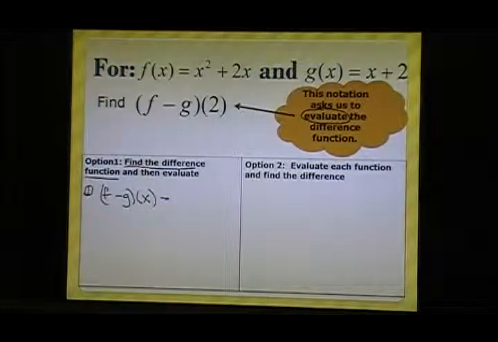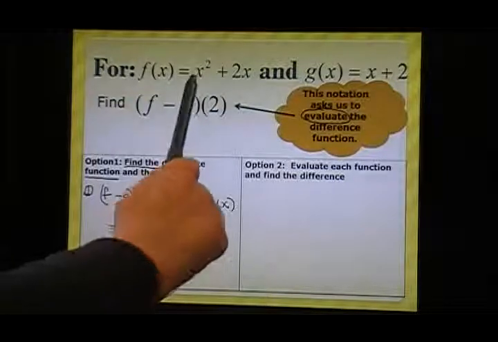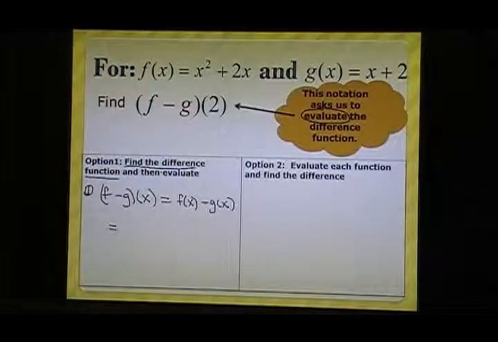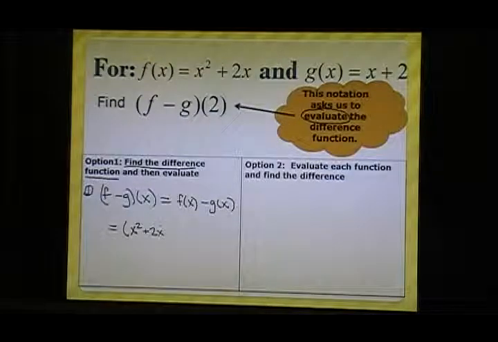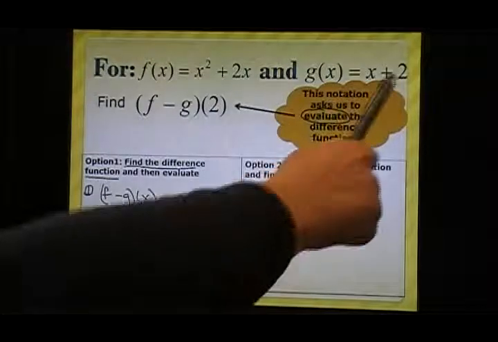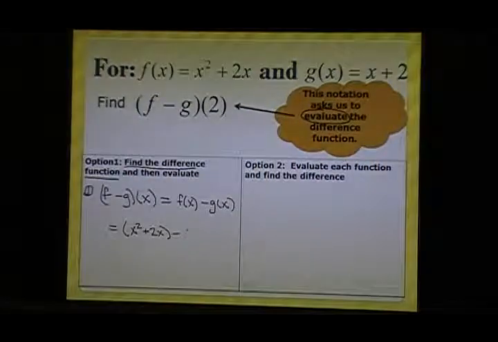To find f minus g of x, I have to subtract f of x minus g of x. So that is x squared plus 2x minus my g of x, which is x plus 2.